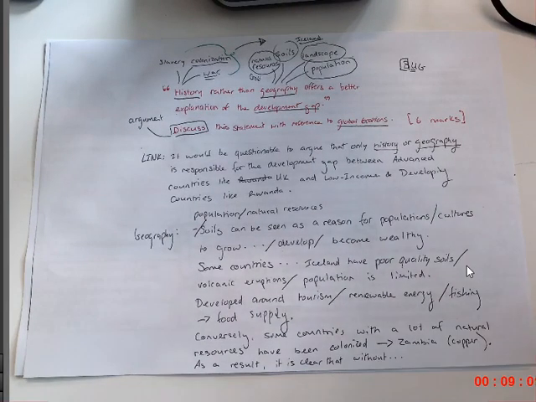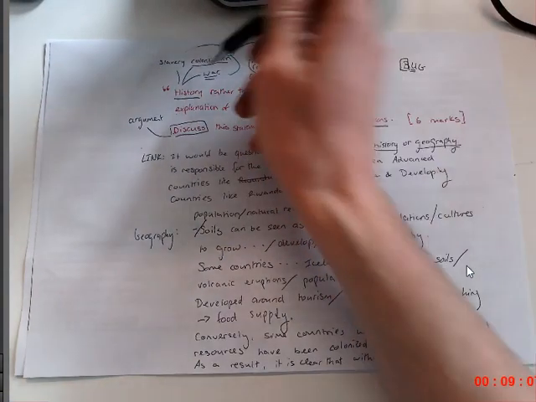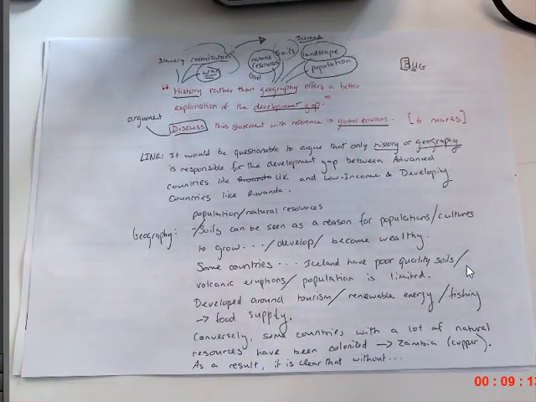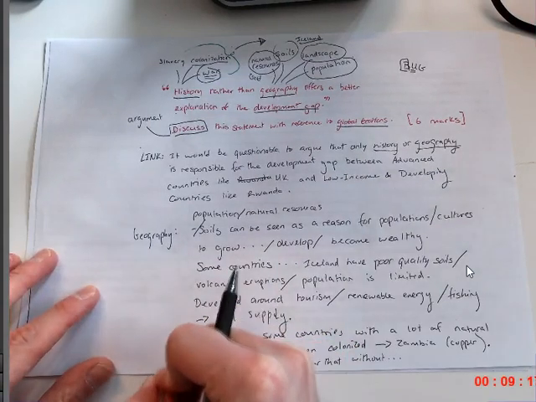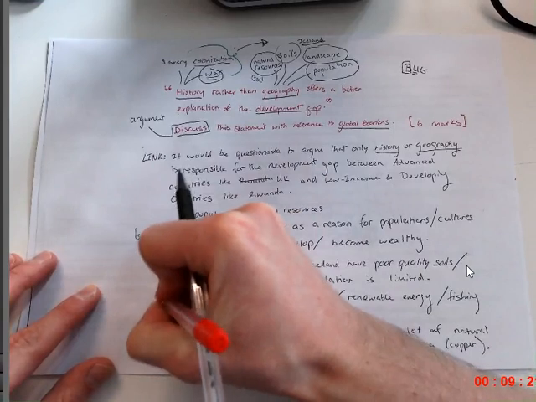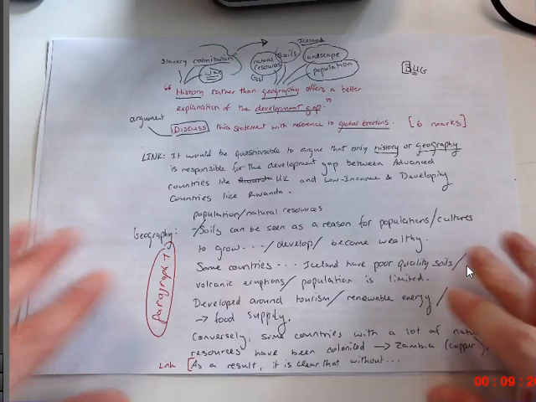Maybe they wouldn't have been taken control of by a colonizer like the UK or like Spain or like France. Maybe they weren't attacked by a place like Russia because Russia didn't have any reason to go into that country. So that is where we need to have our paragraph link sentence.